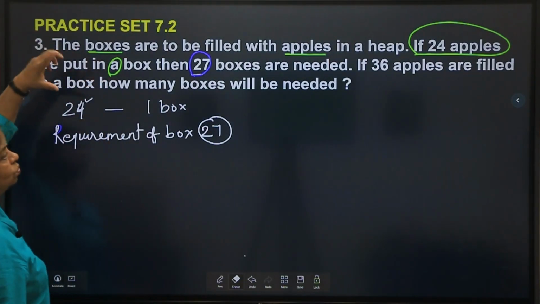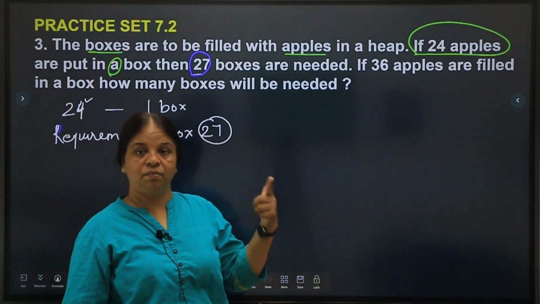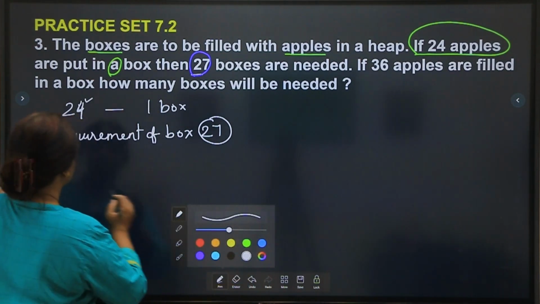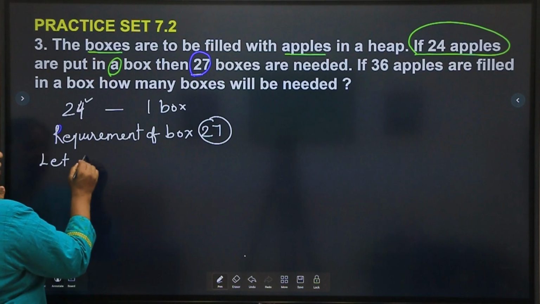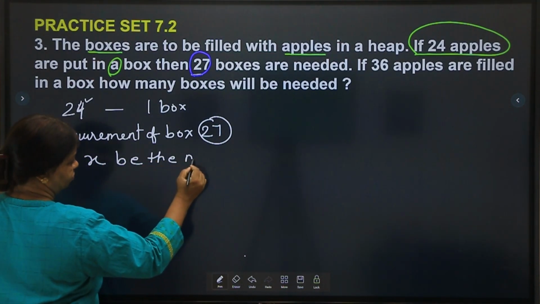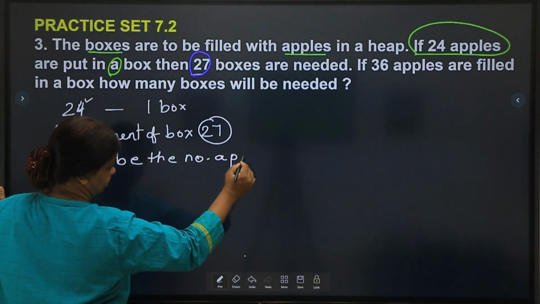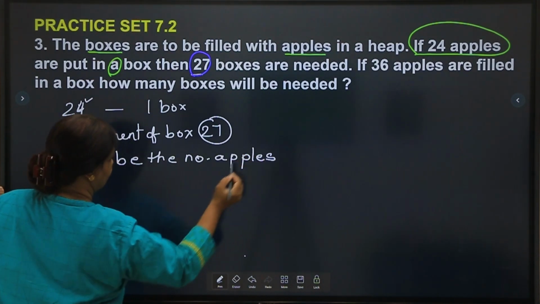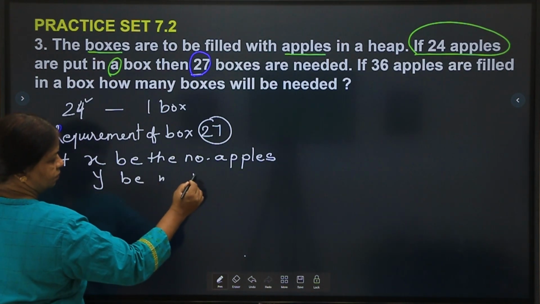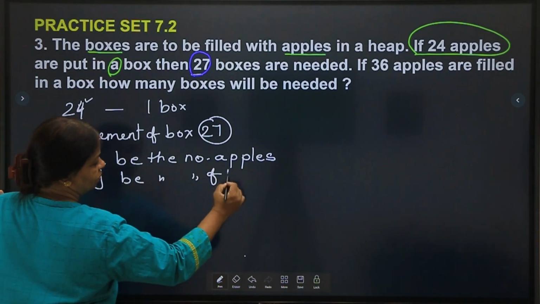So let us assume the number of boxes and the number of apples. Let x be the number of apples and y be the number of boxes.